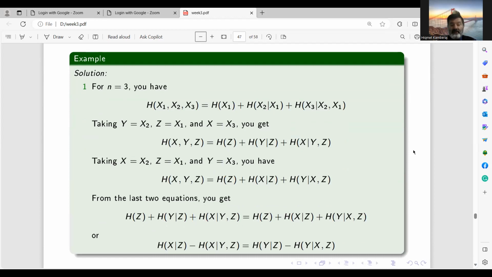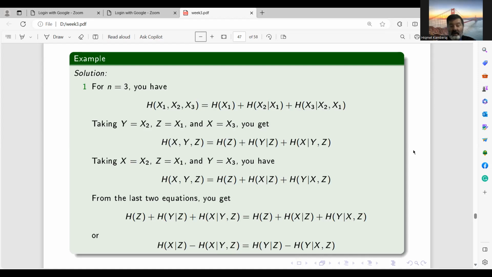Taking y equal to x2, z equal to x1, and x equal to x3, then you get H of x, y, and z equal to H of z plus H of y given z plus H of x given y and z. Taking x equal to x2, z equal to x1, and y equal to x3, then you have H of x, y, and z equal to H of z plus H of x given z plus H of y given x and z.